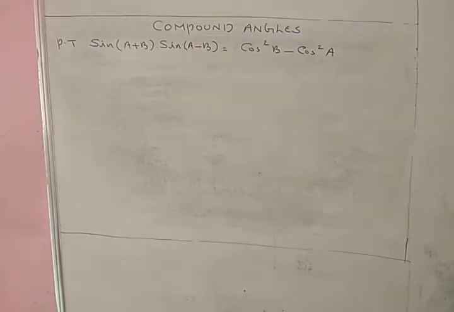Our next problem, sin(a plus b) into sin(a minus b) is equal to cos squared b minus cos squared a. Substitute the formula for sin(a plus b) and the formula for sin(a minus b) in the left hand side.